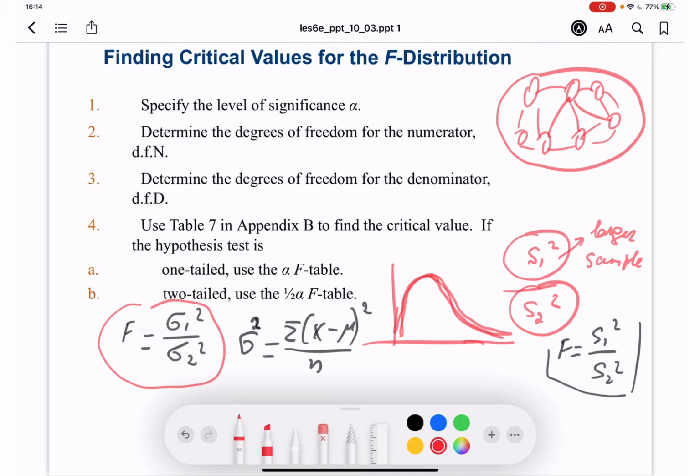And we say F is equal to MS between groups over MS within.